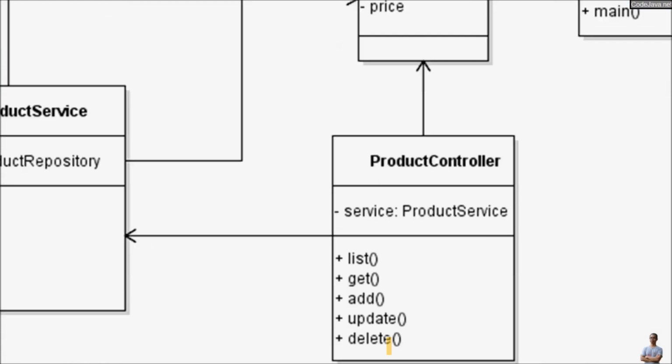And next, let's implement the third method, add, that exposes a RESTful web service API that allows clients to add a new product, to save a product to the database.